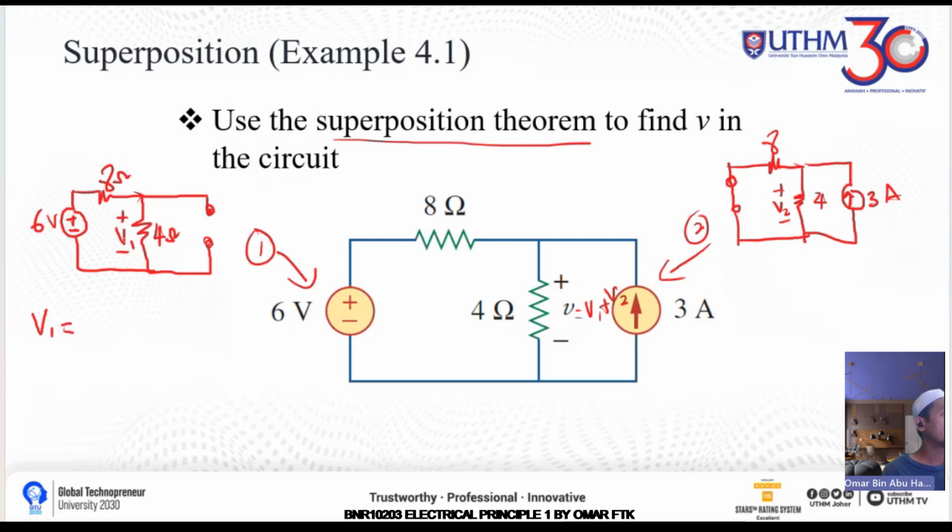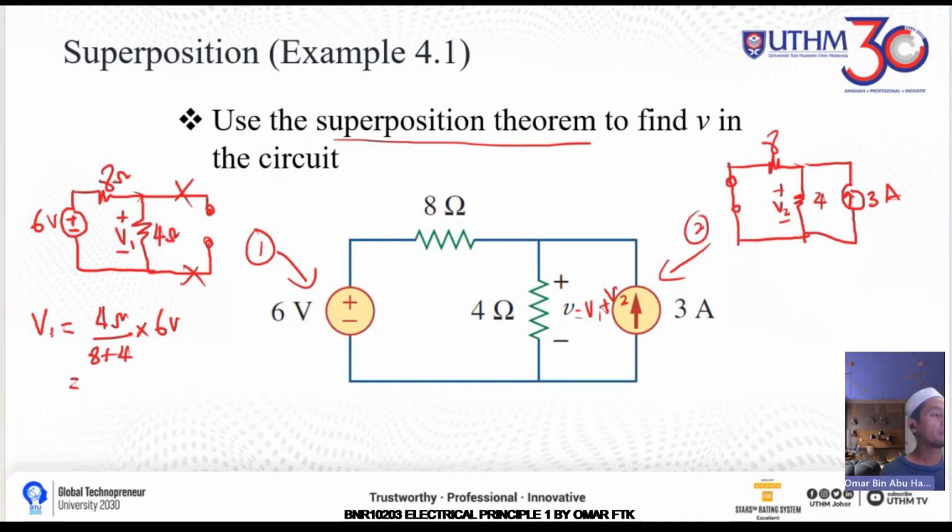V1 here will be 4 divided by 8 plus 4, times 6 volt. 4 ohm for this one, divided by the total resistor here. And this one we can just ignore because it's open circuit. It's like no more here.